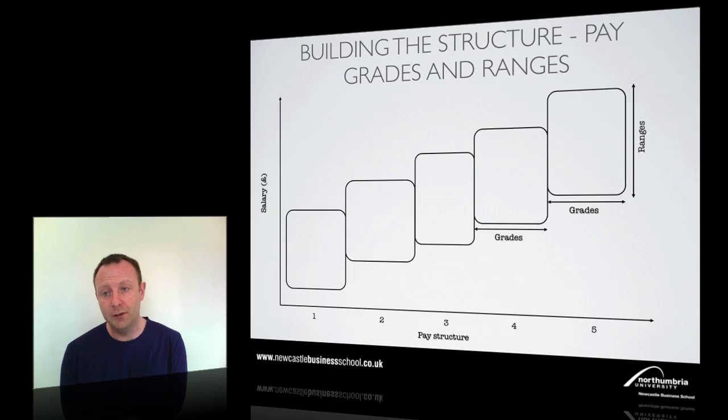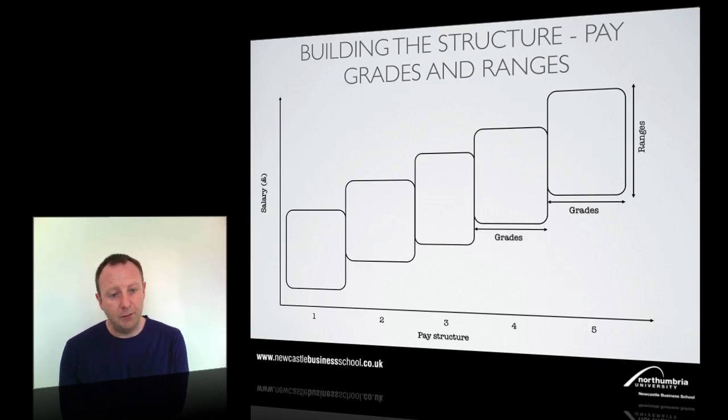The ranges represent the gap between the minimum and maximum rates of pay for all of the jobs that are within that particular grade. So every box within your structure will be defined by its width in terms of grade, job valuation point to job valuation point, and by its height, pay level minimum to pay level maximum.